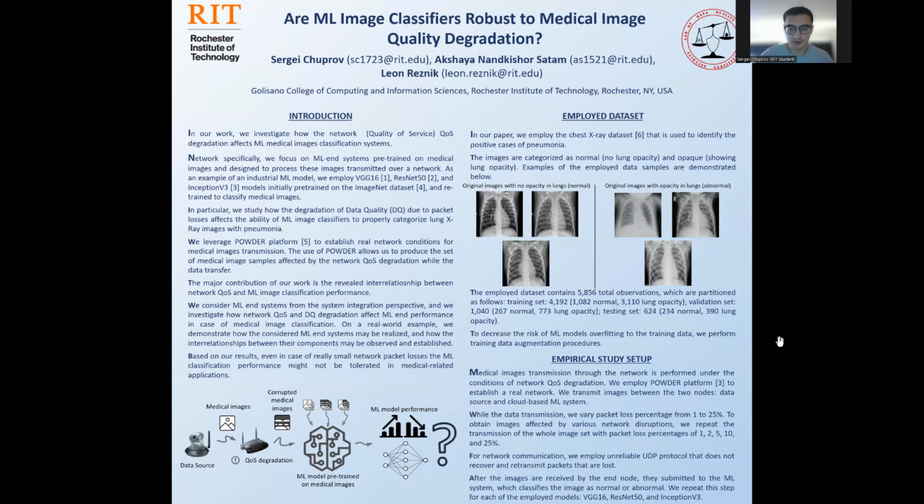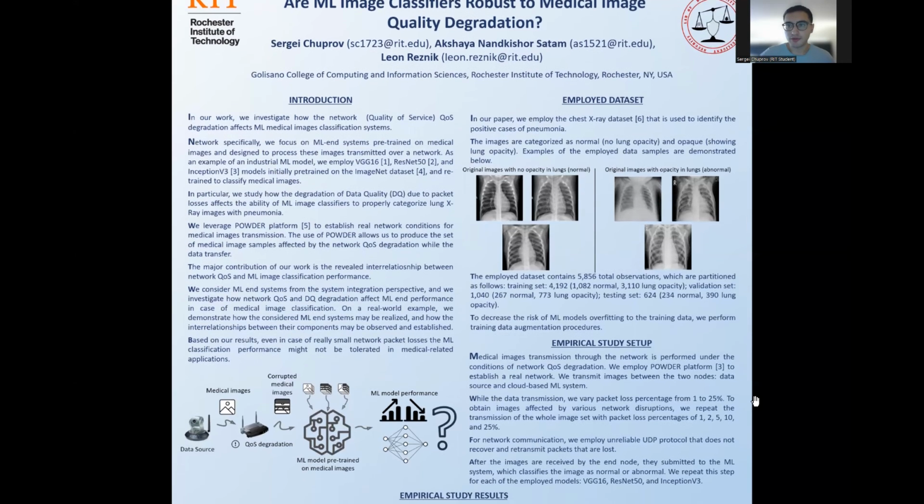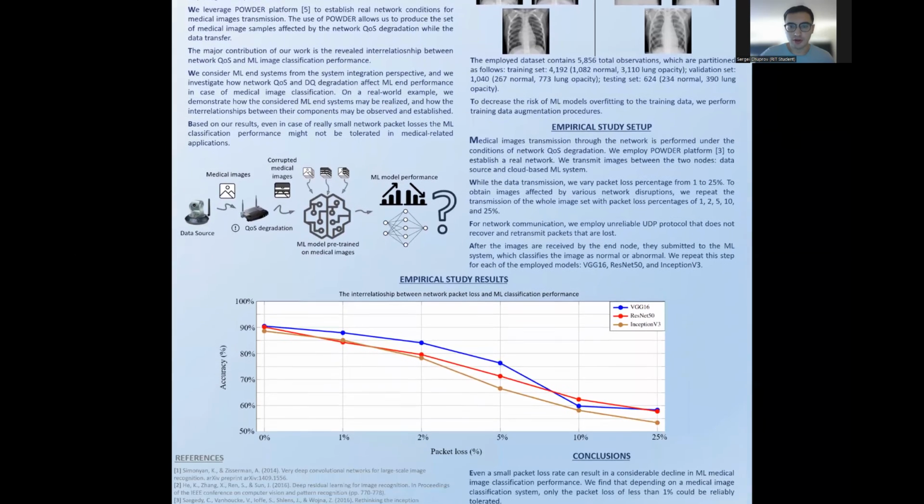Okay, and after the image transfer, we submit these images for classification by our employed machine learning models. Okay, we are going to the second part of the poster, to our results.